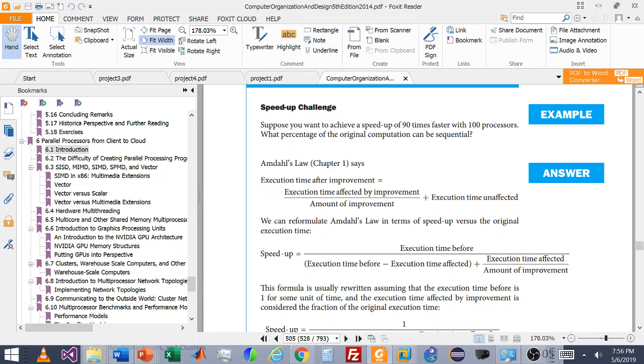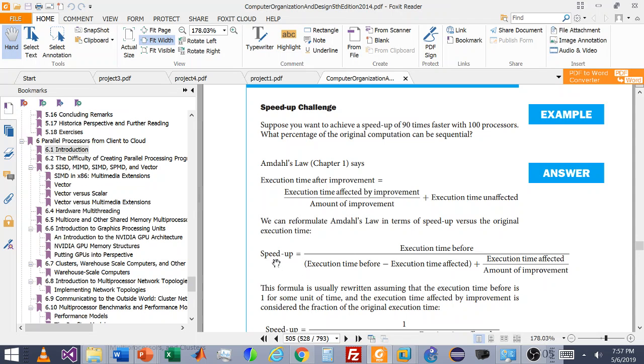So we gave this formula, and we can reverse engineer it if we change it from execution time and do some divisions, we create speedup. You can see here we added the execution time before, doing the division and then spreading it out. I'm not going to go into that step by step here.